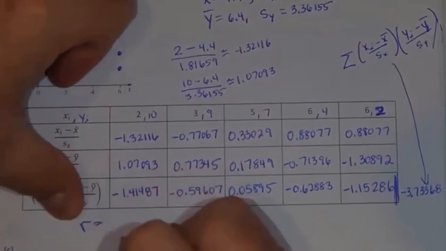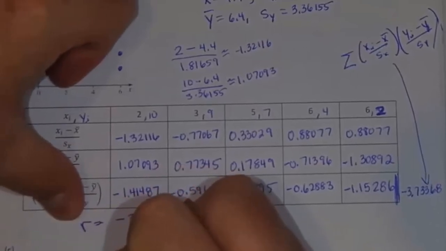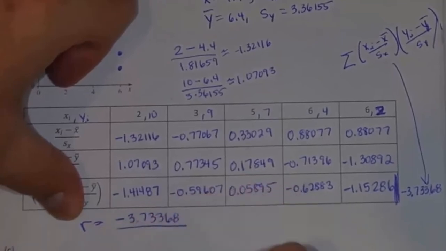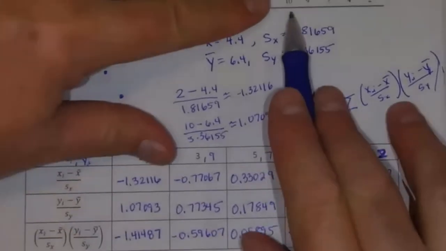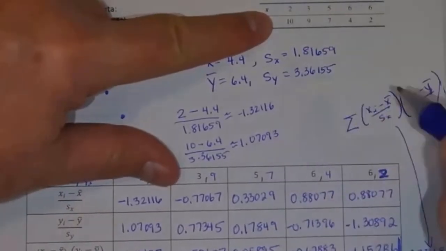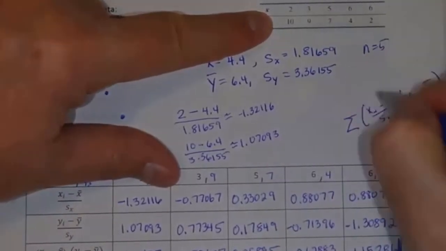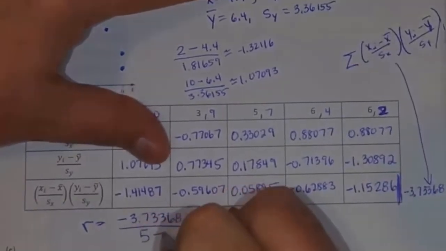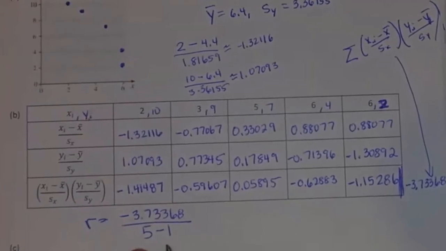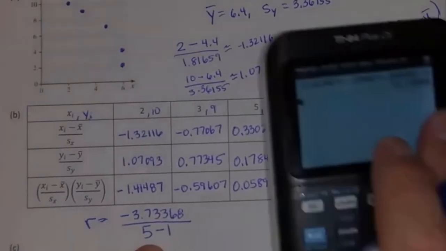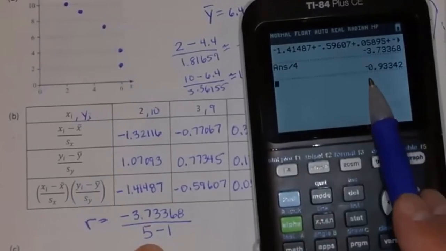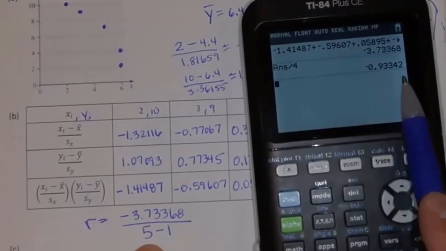So r is going to equal negative 3.73368, divided by n minus 1. n in this case is 5, because we have 5 pairs of data. So I'm really going to divide by 4. So if I divide by 4, I get negative 0.93342.